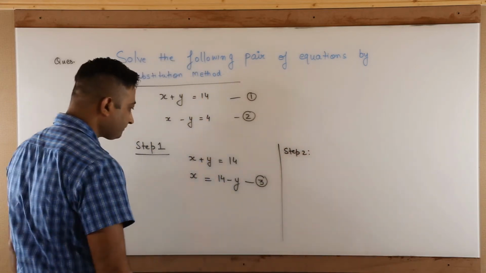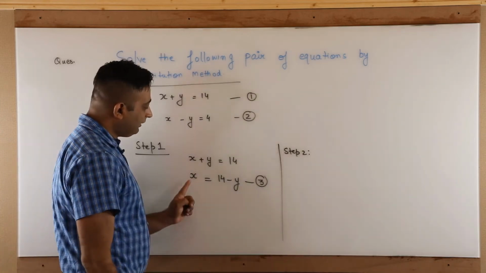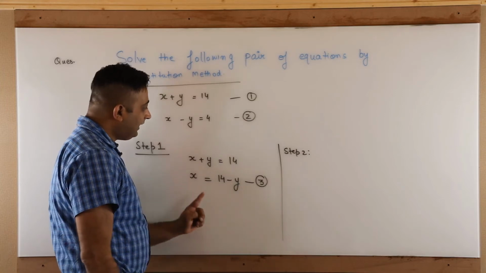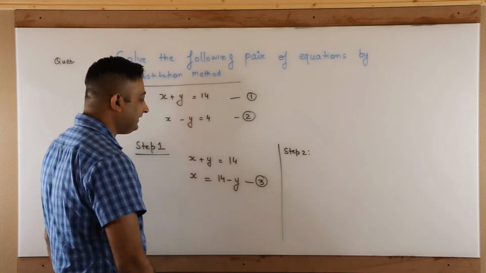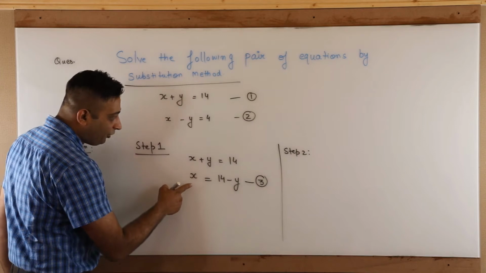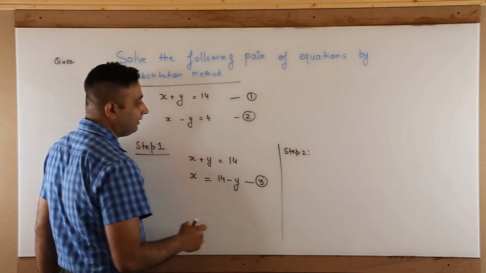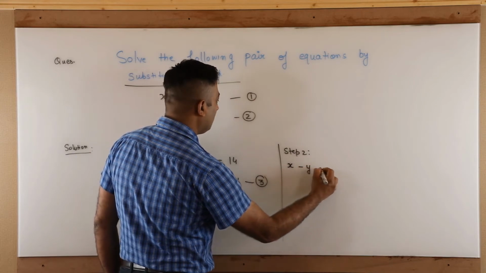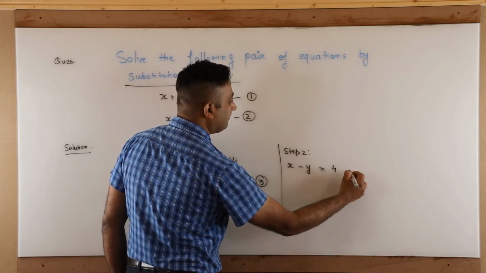Now let us discuss step number 2. In this, we will put the value of x found in equation number 3 in equation number 2, that is, substitute the value of x in equation number 2. So first of all, we will write equation number 2 again. This was equation number 2.